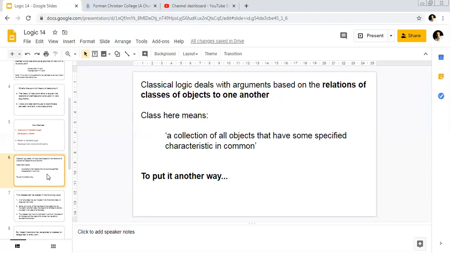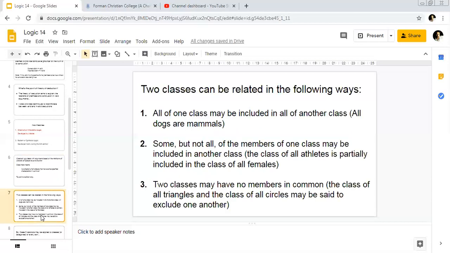And what is a class or a set? It's a collection of all objects that have some specified characteristic in common. If I say that we have a set of all black things, you put all those black things in that set, right? That set includes all those things. If I said that there is a set of mammals, then all the mammals in the world would be in that set. I'm sure you've done this in maths also.